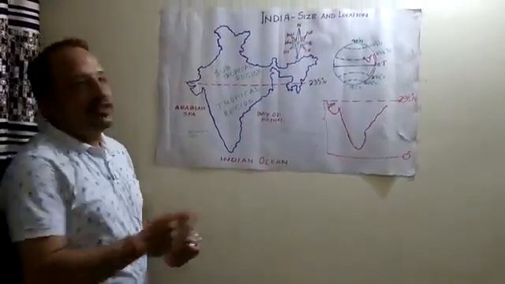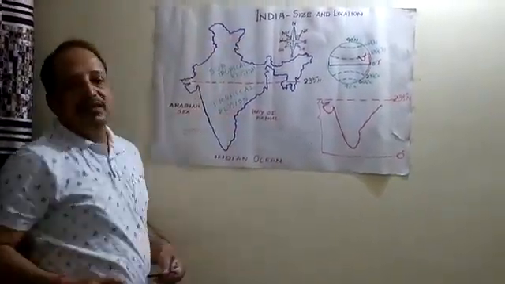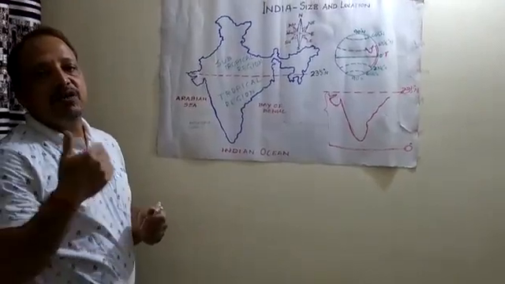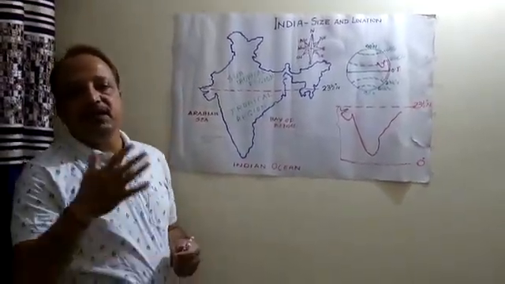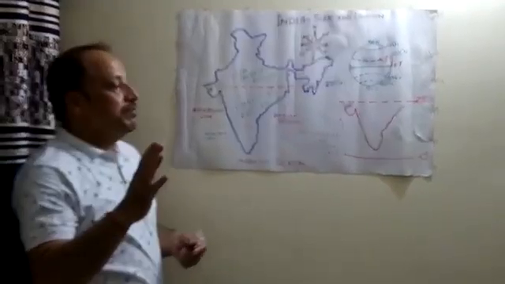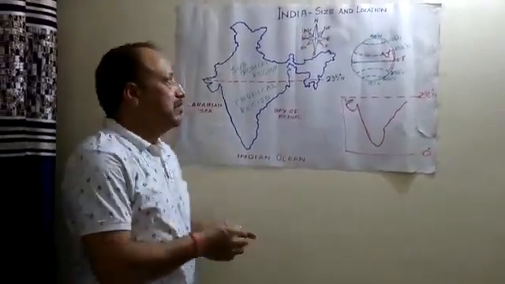Why am I showing you the direction? If you know India, in many chapters it will come: northwest part of India, southern part of India, western part of India, northeast of India. You might know that the northeast of India is this part.